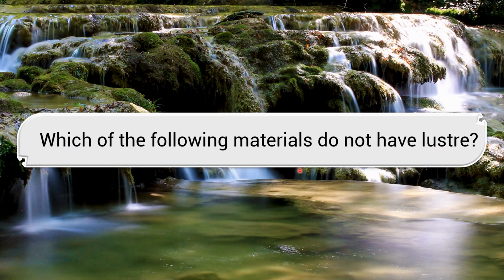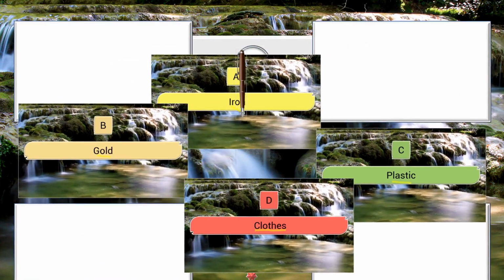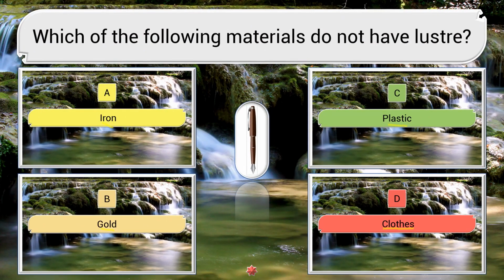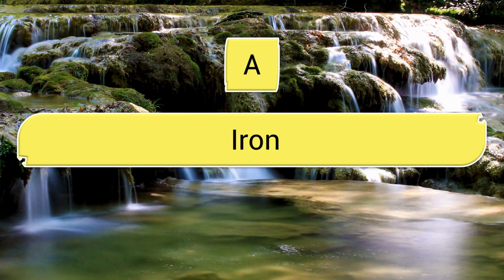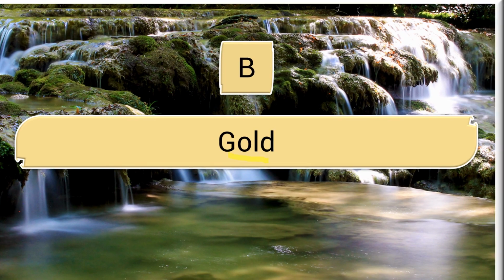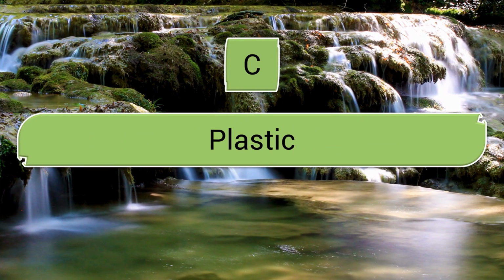Which of the following materials does not have lustre? Is it iron, gold, plastic, or clothes?